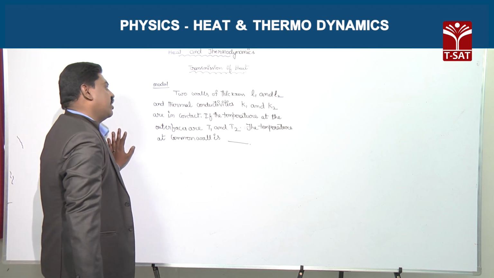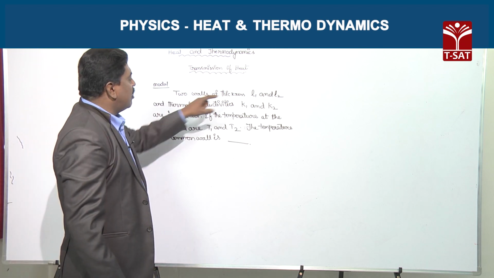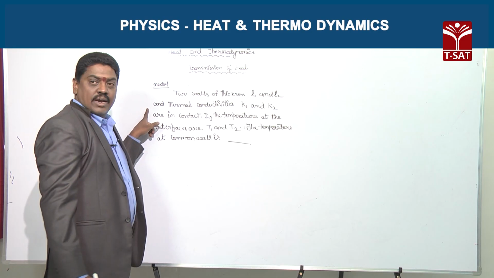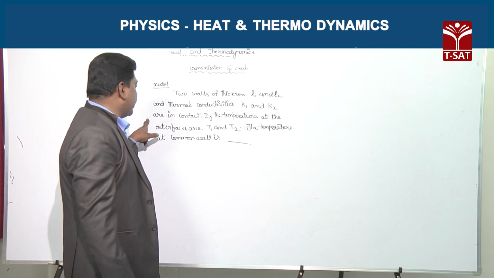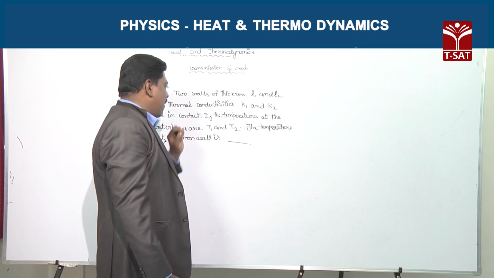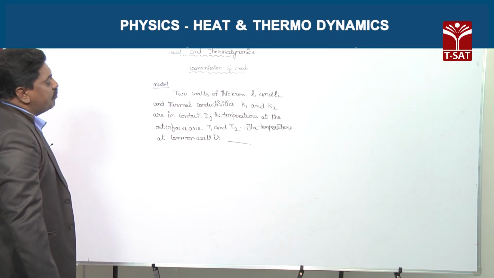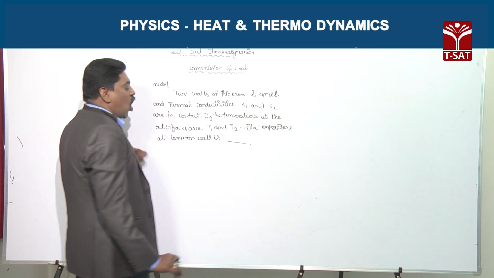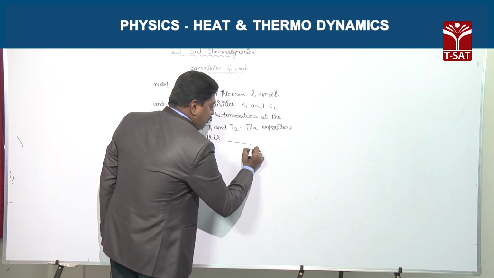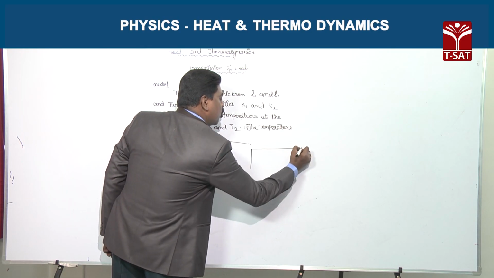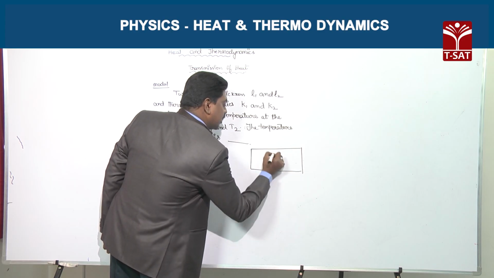Let us have another model in the case of thermal conductivity. Two walls of thickness L1 and L2 and thermal conductivities K1 and K2 are in contact. If the temperatures at the outer faces are T1 and T2, the temperature at the common wall is, let us imagine the joint of two walls is as shown in the figure.